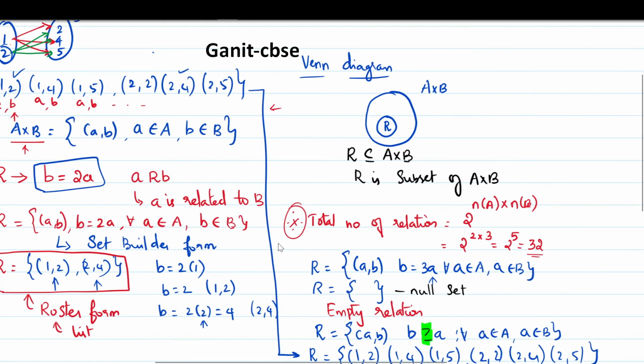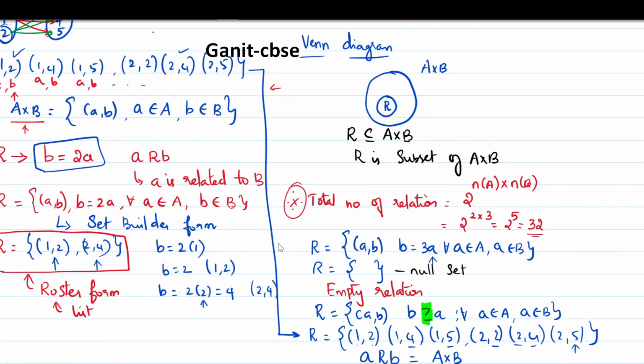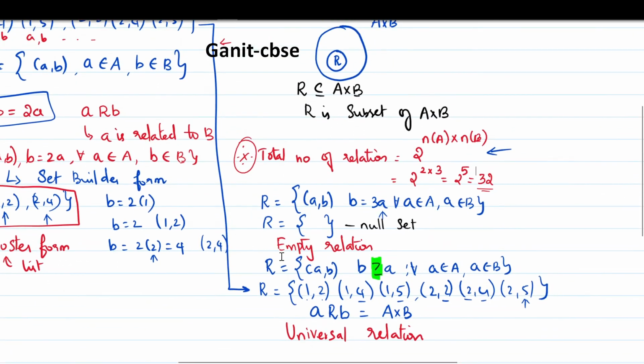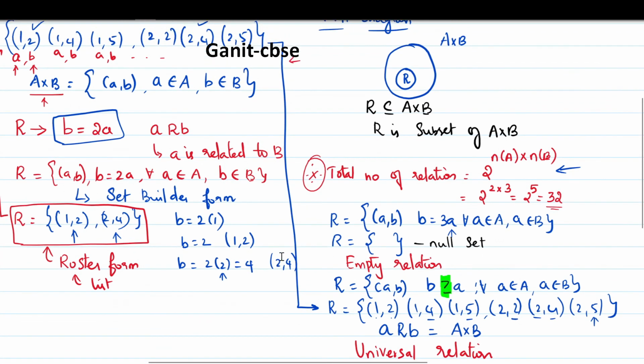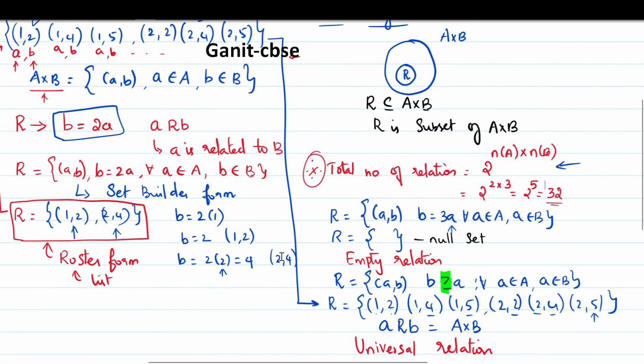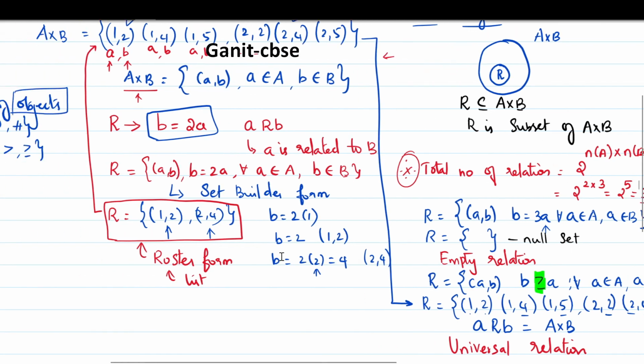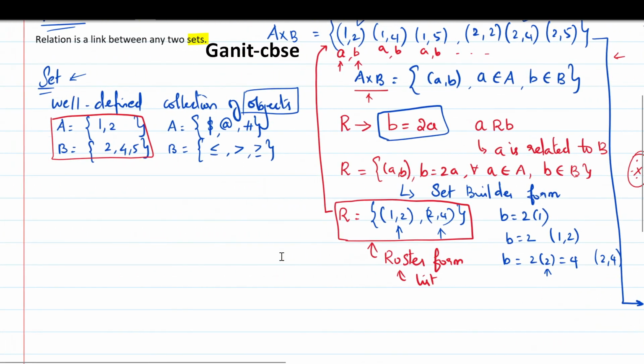We learned that any relation between two particular sets is a subset of their Cartesian product, and the total number of relations is 2 to the power of n(A) times n(B). We have taken two different relations to understand the empty relation and the universal relation. That's all about relations in chapter 1.